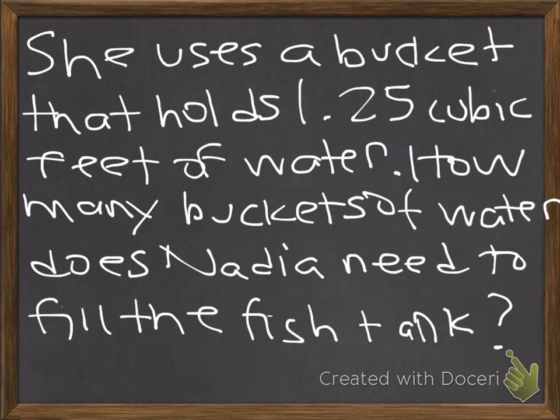So if the water level needs to be 0.25 feet, and she uses a bucket that holds 1.25 cubic feet of water, how many buckets of water does Nadia need to fill the fish tank?